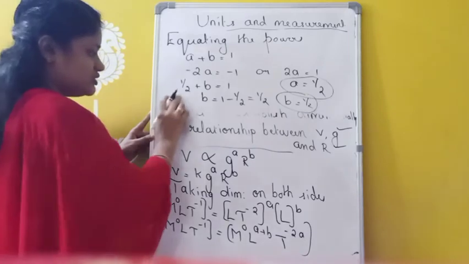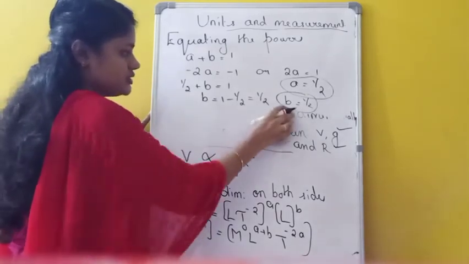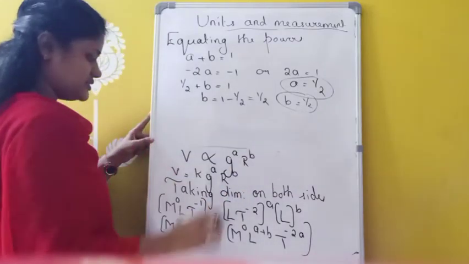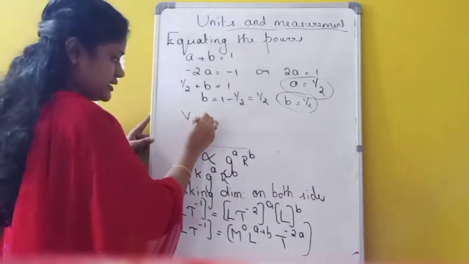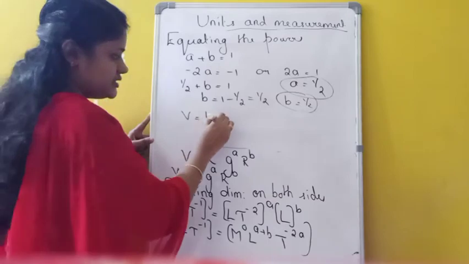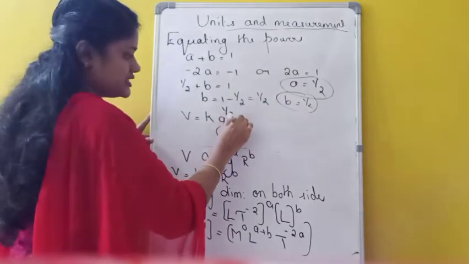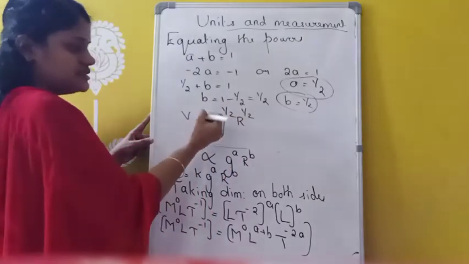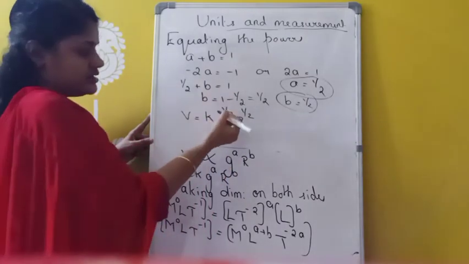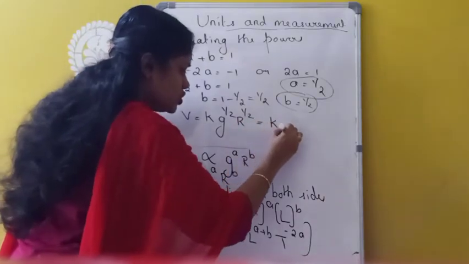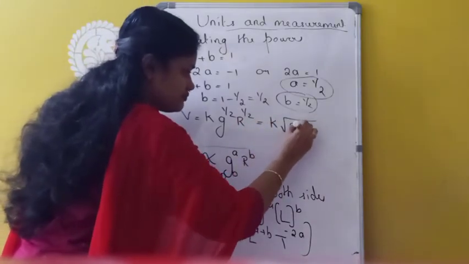The formula for escape velocity is given as V equals K into G raised to half into R raised to half. G raised to half means root G, R raised to half means root R. That means V equals K into root GR.